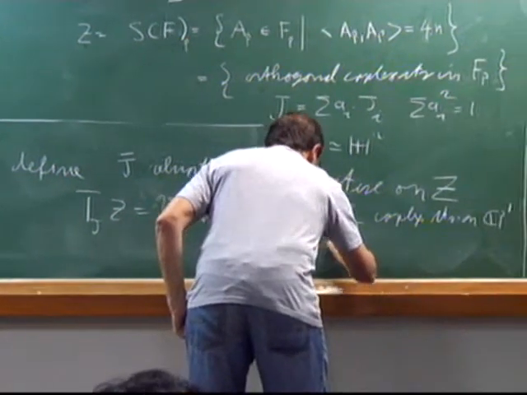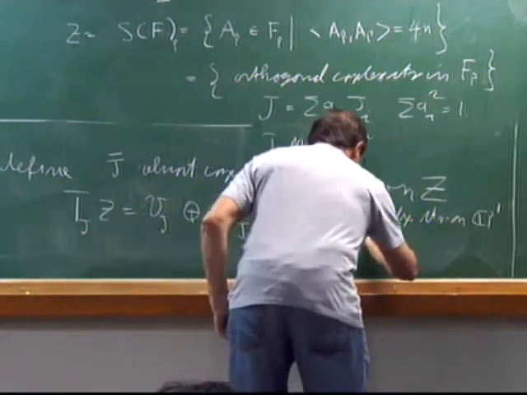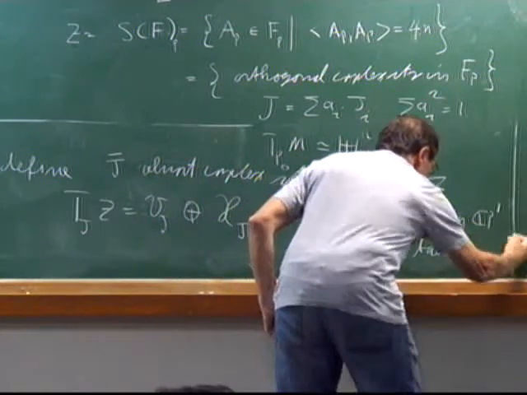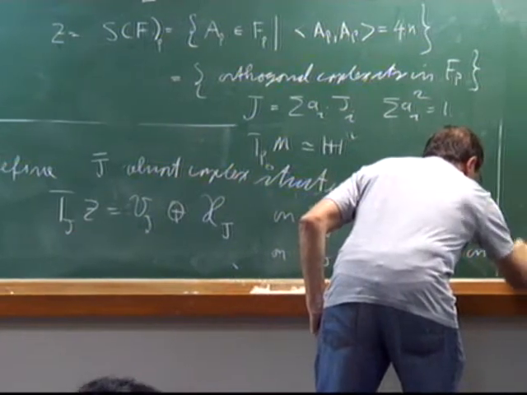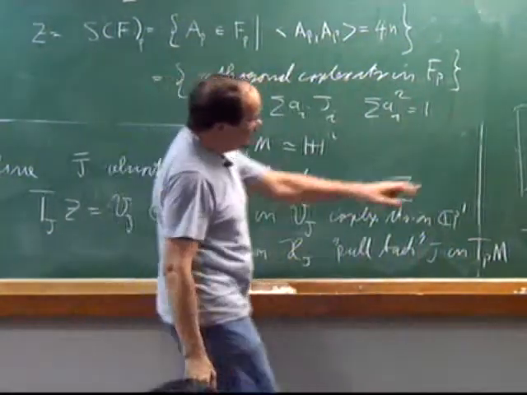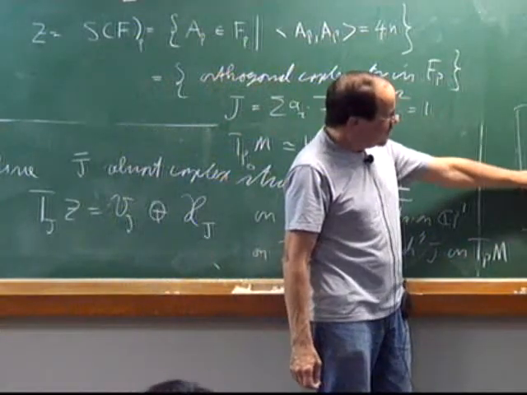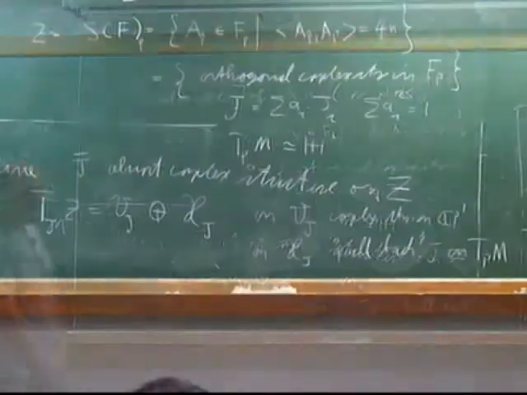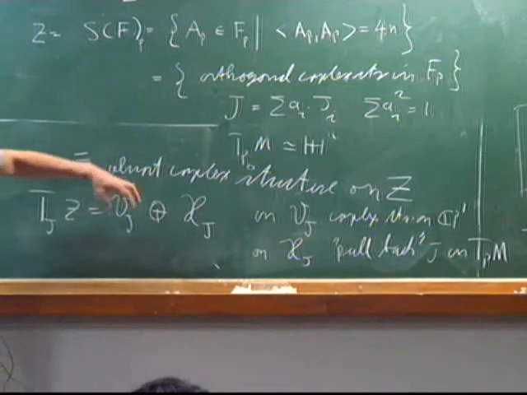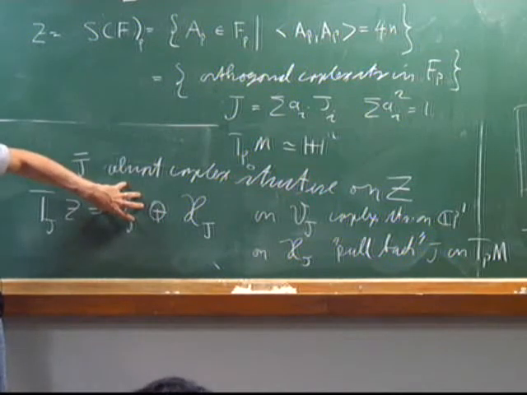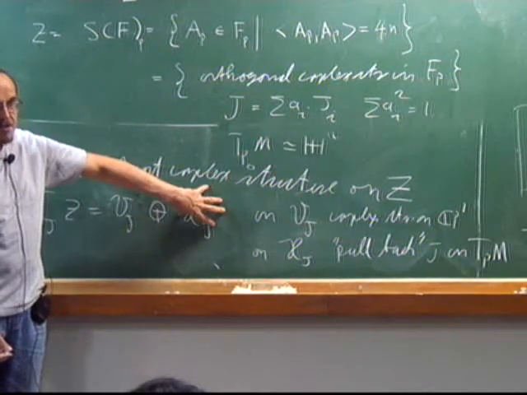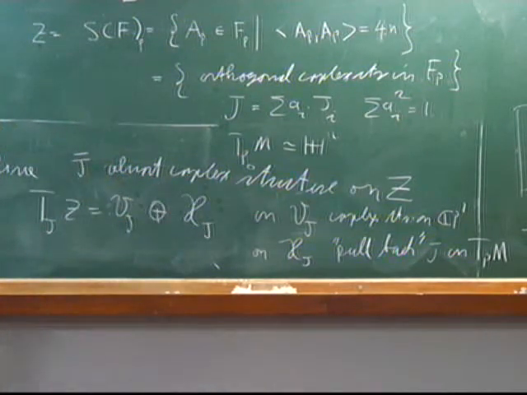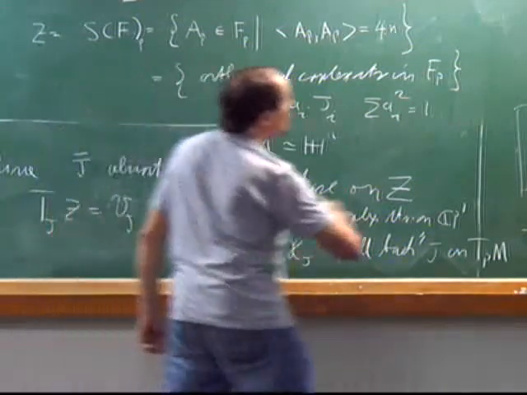And on the horizontal space, I pull back J on T_pM by the projection. So this point J defines me something down here. So I pull that back, and that defines something on the horizontal space. And of course, the complex structure preserves this, takes this to this. Here just take a small CP1 and take this to this, and here it's the definition of the foot point. It's really neat. And then the big theorem is the following.